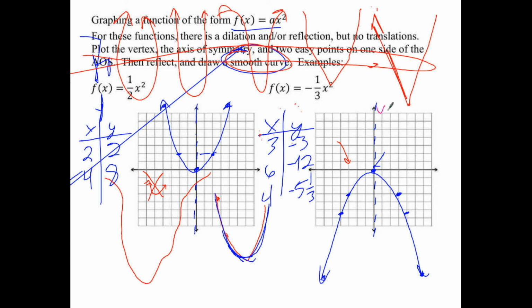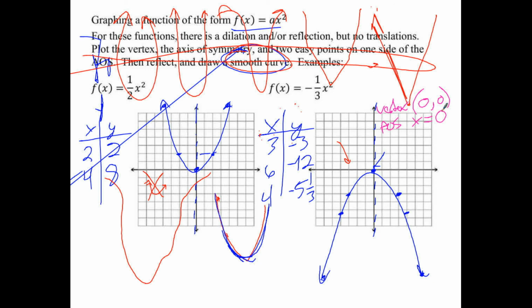Let's label vertex. What is it? 0, 0. And now axis of symmetry, I'm going to abbreviate that AOS. And that is an equation. It's x equals, it's not just a number. X equals what? 0. The number that the axis of symmetry goes through. It's always the x coordinate of the vertex.